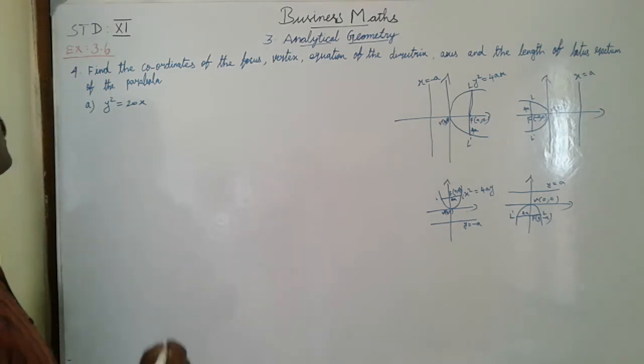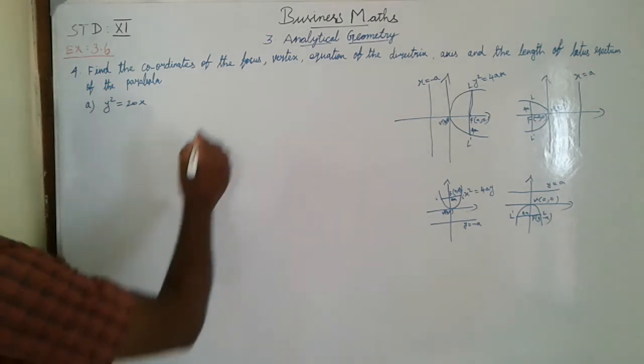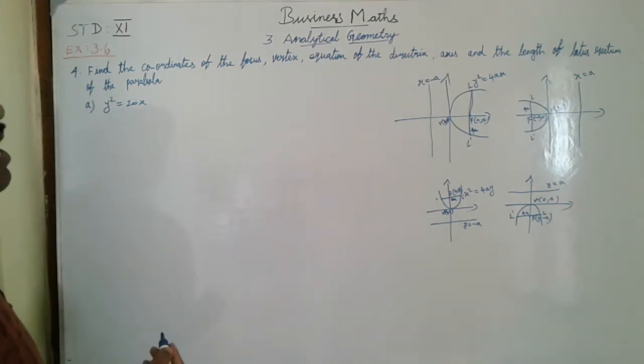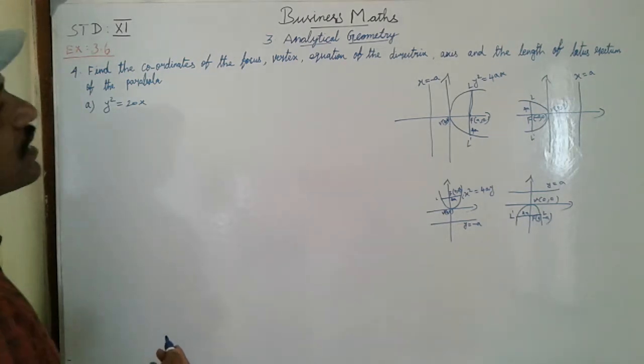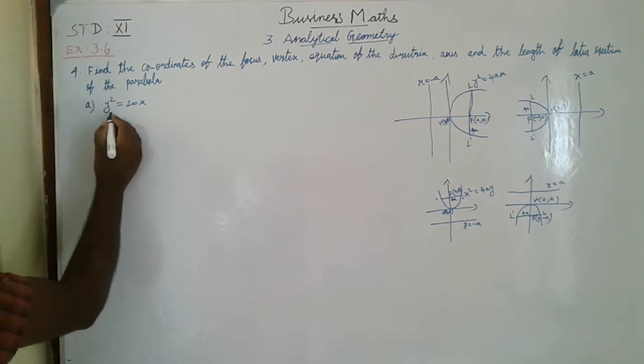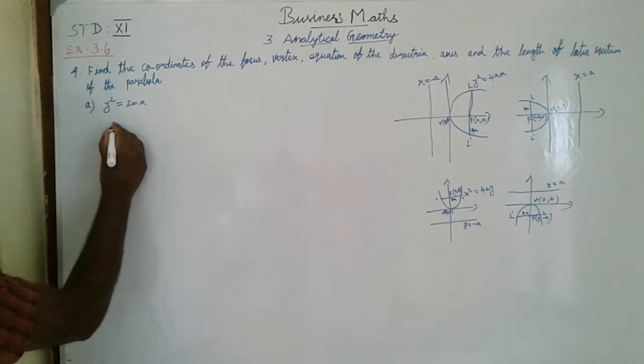So here, given y square equal to 20x, we should find out the focus, vertex, equation of the directrix, axis, and the length of the latus rectum. First we change it into the 4ax model.